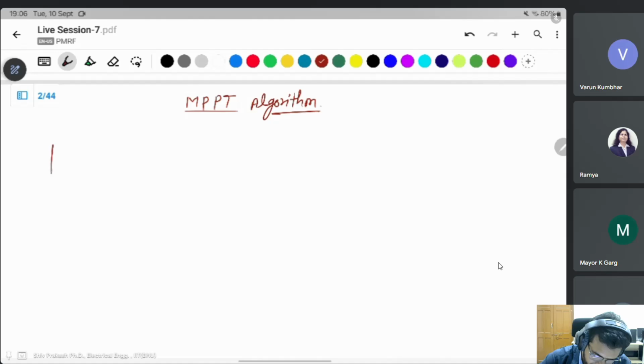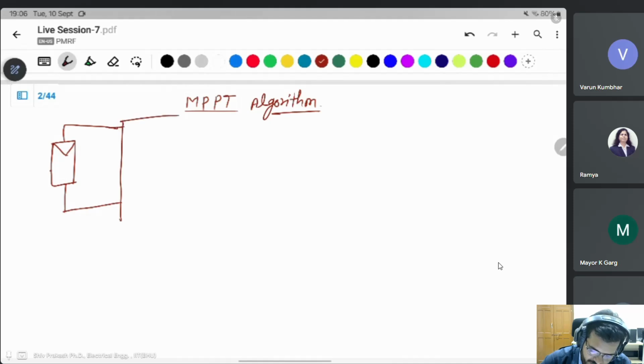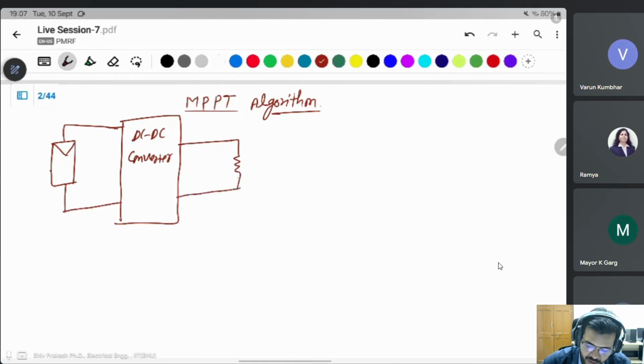This is the important thing, how you can track the maximum power. Then there is a need of a converter, because if there is a DC, then you can say this is the DC converter. Then you can connect the load or you can connect the grid also.